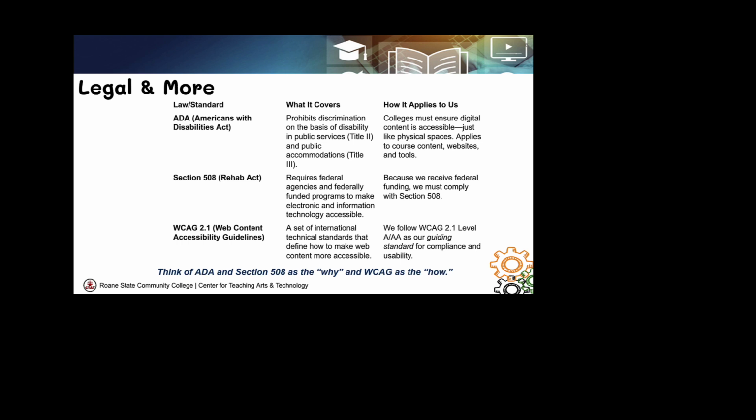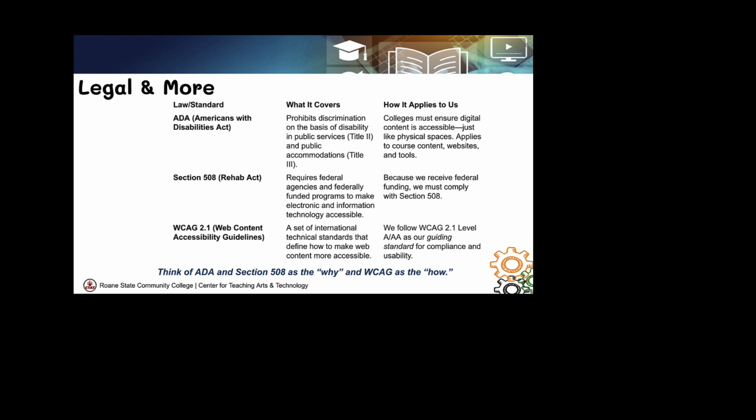To support compliance, the Web Content Accessibility Guidelines, or the WCAG checklist, you've probably heard that numerous times, was created, and it helps explain how to meet these rules in your content. Following the WCAG 2.1 standards may sound technical, but really it's about creating materials that work well for everyone.